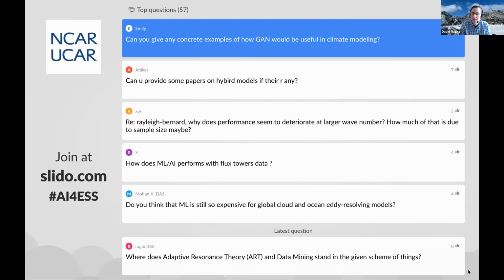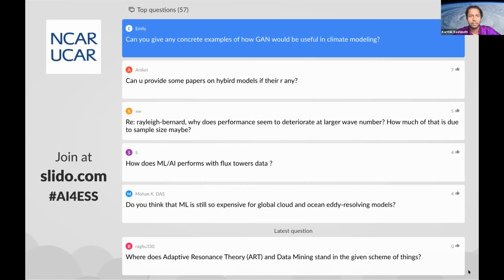Mustafa, Pierre, Karthik. Yeah, I could add a couple of comments. Along with Mustafa and others at NERSC, we've trained some GANs to mimic relatively simple, but based on climate dynamics, atmospheric convection using a Rayleigh-Bénard convection system.